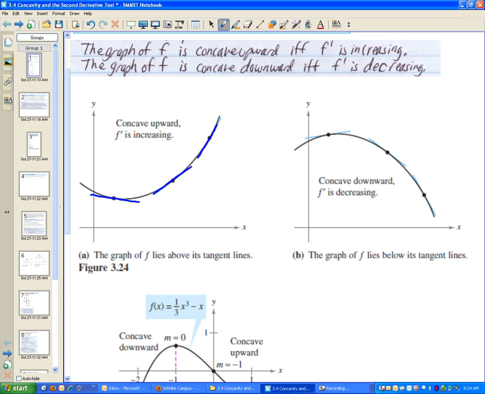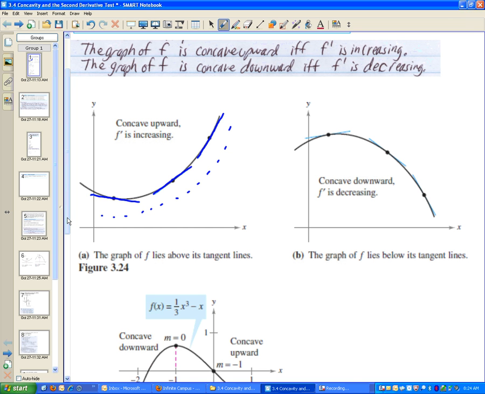Here the tangent line has a slope that's positive and it's steeper, so it's bigger. So as we moved around, the slopes of the tangent lines got bigger. They increased, didn't they? When the graph is concave up, the first derivative is increasing. Not necessarily positive, but it's increasing as you move from left to right.